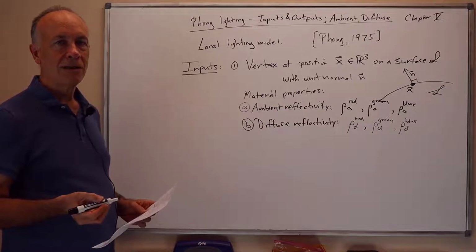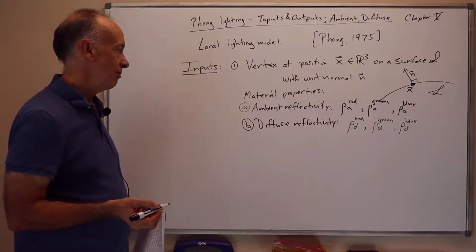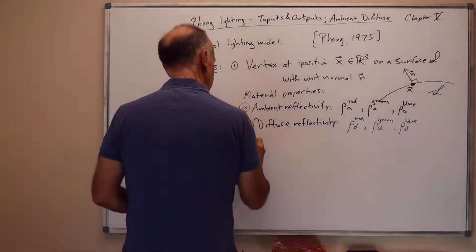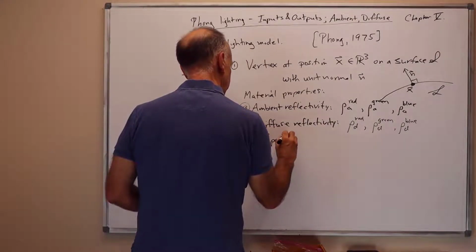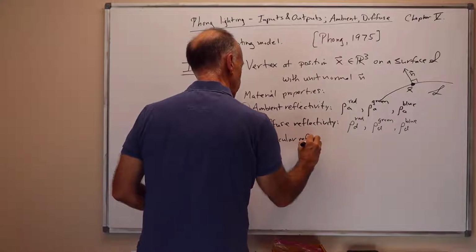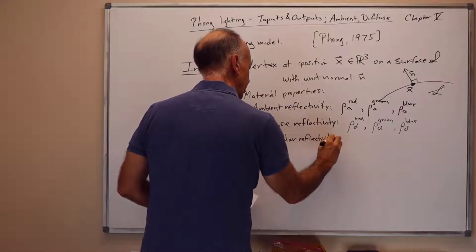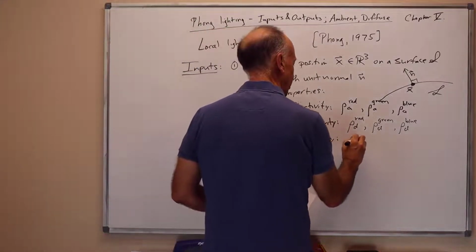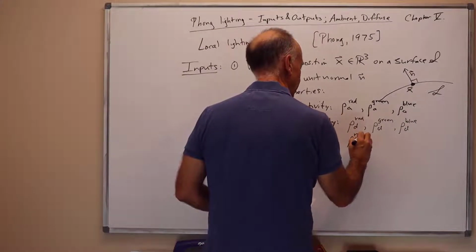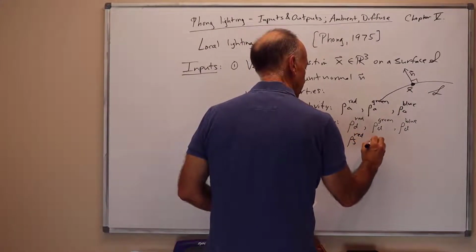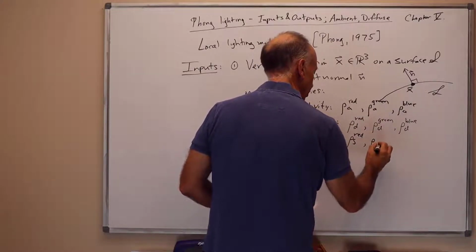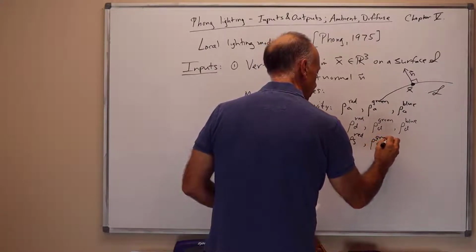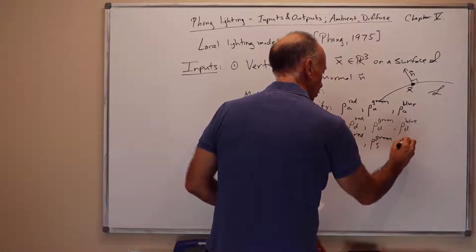It reflects the kind of color displays that we use and so forth, so it's very, very common. Then there's specular reflectivity. This same kind of numbers controls the fraction of specular light that's reflected, and it's got red, green, and blue components as well. So rho sub S red, rho sub S green, rho sub S blue.